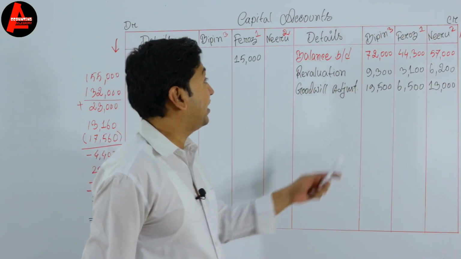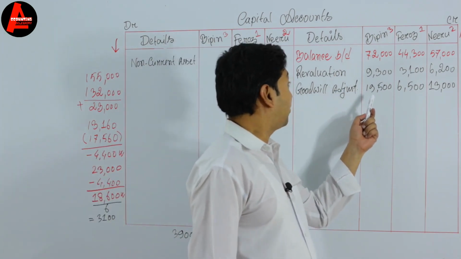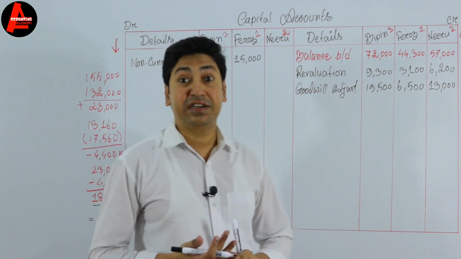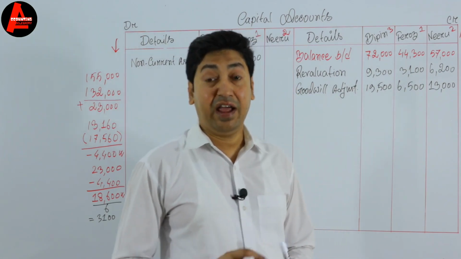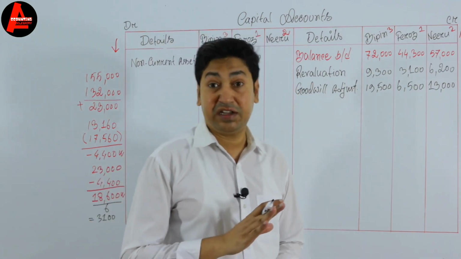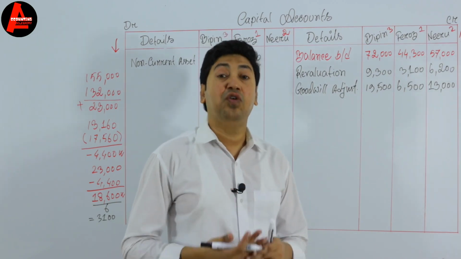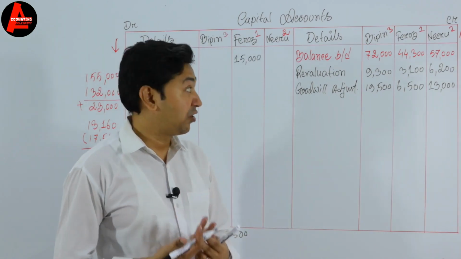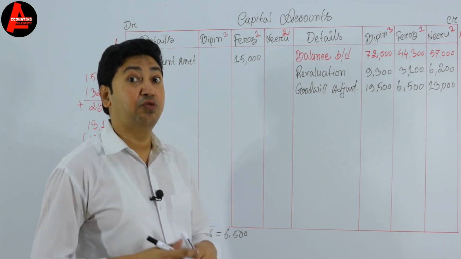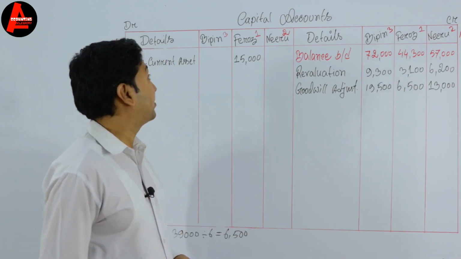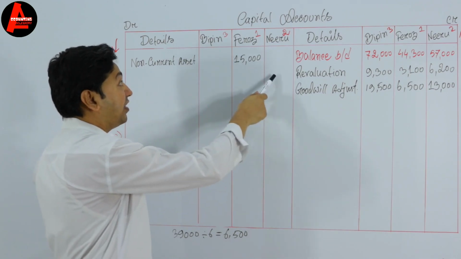Now here we see the goodwill was $39,000 in the question, and the partners agreed that this goodwill will not be in the partnership account. So now the owners of the goodwill will be only two partners. Which two? The remaining two partners, Bipin and Niro.